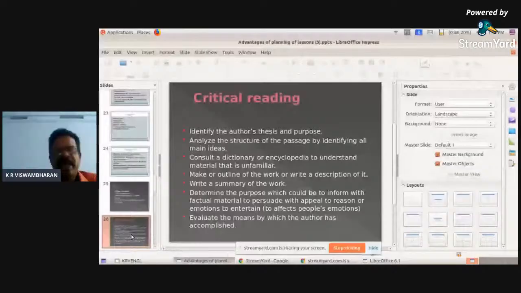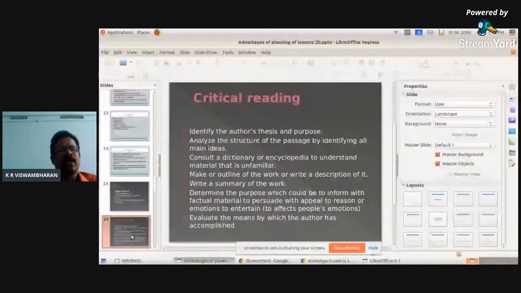When you are reading critically, there is no provision for missing any idea. So we must identify all main ideas. Then, of course, there will be some unfamiliar words, quite natural, and you consult a dictionary or encyclopedia to understand. And now, with your Google dictionary, everything is on your fingertip.